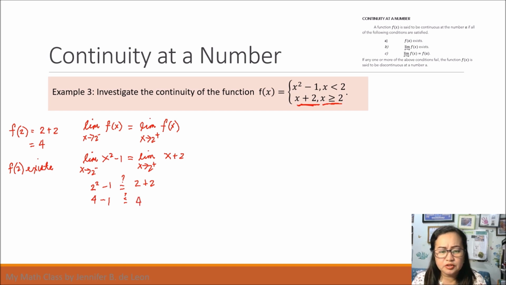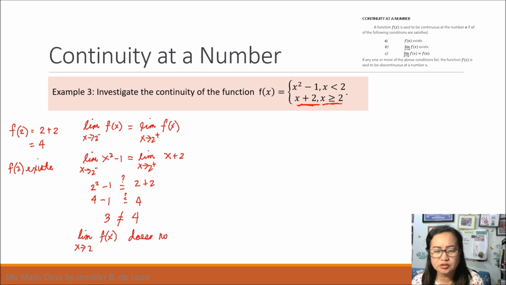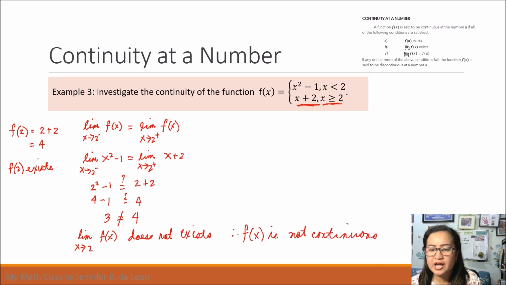Now we simplify, then we conclude that since 3 is not equal to 4, the limit of f of x as x approaches 2 does not exist, since we have arrived at two different values. So with this, we can say that f of x is not continuous at x equals 2.